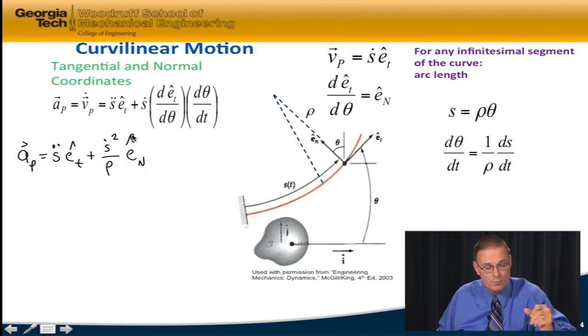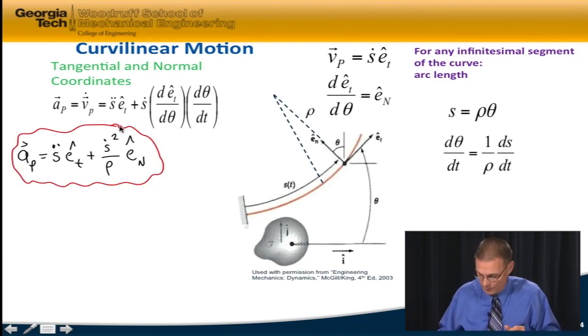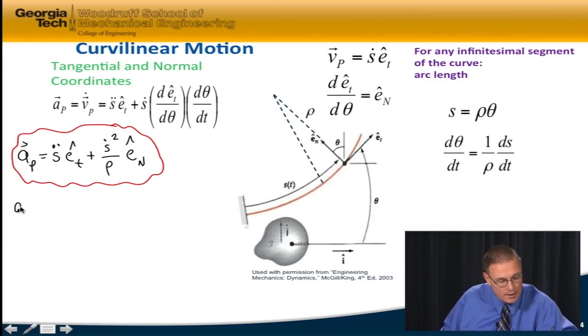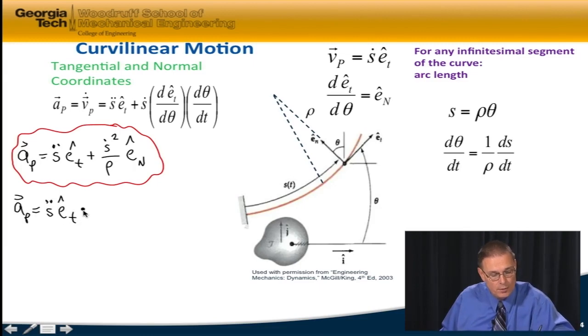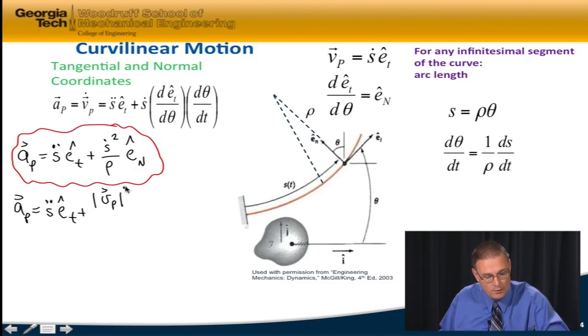And so that's an expression for the acceleration in the tangential and normal coordinate system. Another way to express it would be a sub p is equal to s double dot e tangential plus s dot, remember, that's the speed, the magnitude of the velocity. So I can write this as the magnitude of the velocity of p squared over rho in the normal direction.